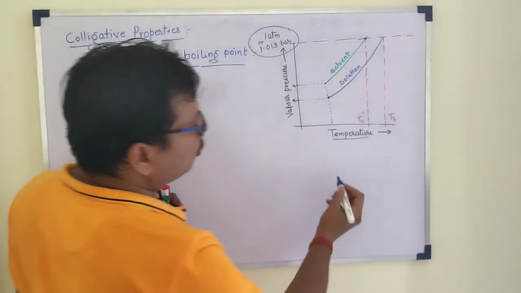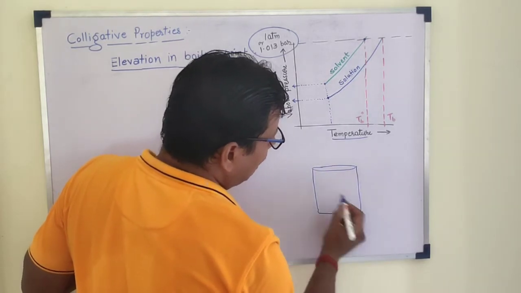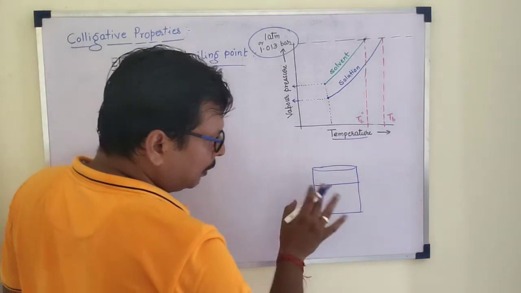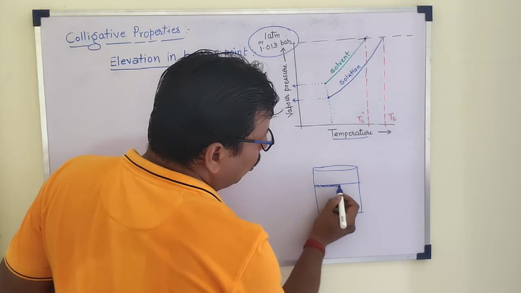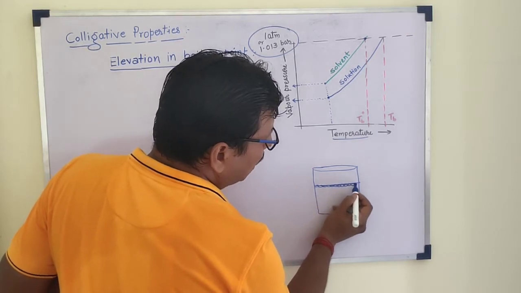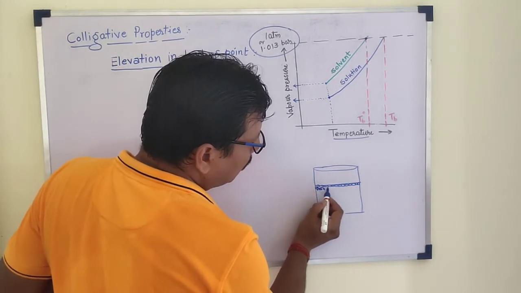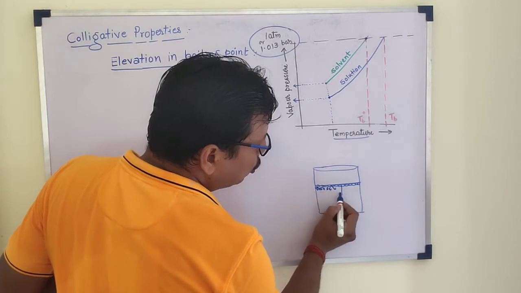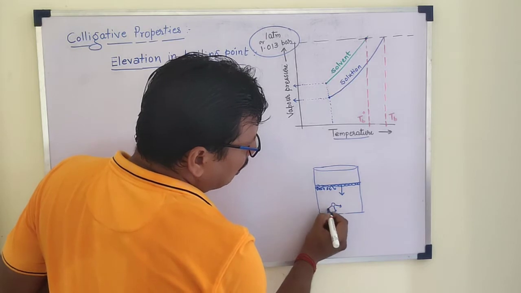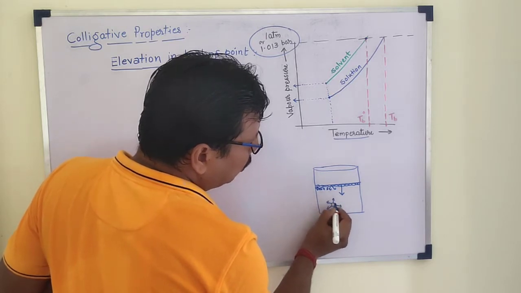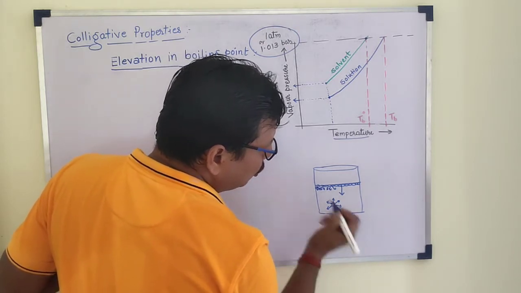अगर मैं इसको समझाने की कोशिश करूं, अगर सपोज यू हैव वन बीकर हैविंग प्योर सॉल्वेंट, केवल आपने वाटर लिया है सपोज करिए, तो सरफेस पे सिर्फ वाटर के मॉलिक्यूल होंगे और सरफेस पे जो अट्रैक्शन फोर्स लगता है वो डाउनवर्ड लगता है. डाउनवर्ड फोर्स, नेट फोर्स जो है डाउनवर्ड लगता है. अगर इंटीरियर में कोई मॉलिक्यूल है तो चारों तरफ ये फोर्स फील करेगा इक्वल इन ऑल डायरेक्शन. सो नेट फोर्स इन द इंटीरियर इज 0.